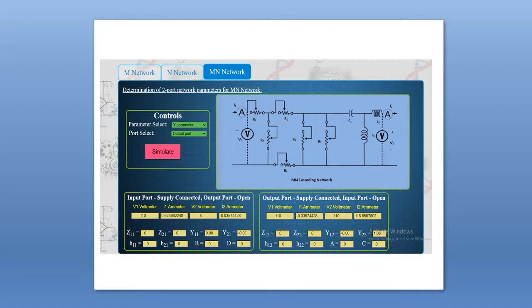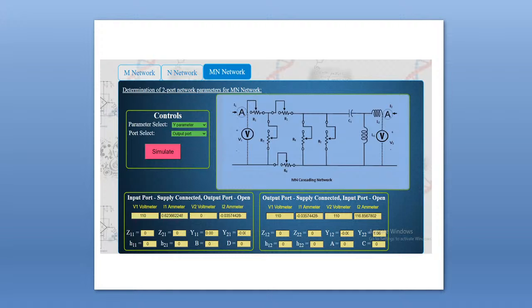Now you tell me the values of the y parameters y11, y12, y21, y22. These parameters are known as admittance parameters because they signify the ratio of current and voltage variable.